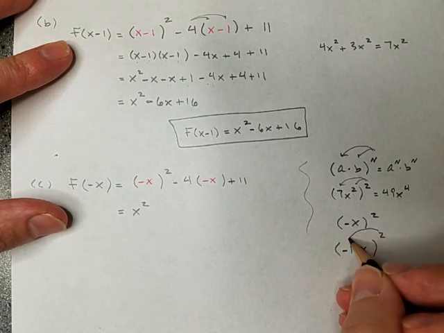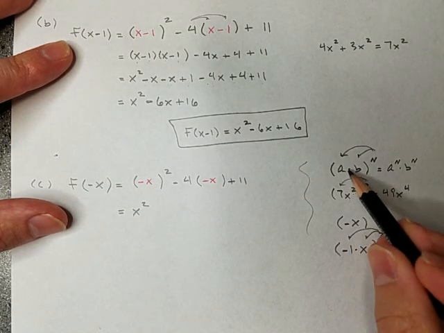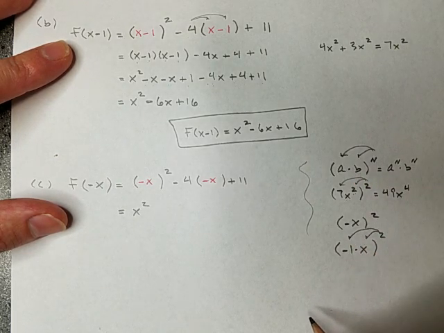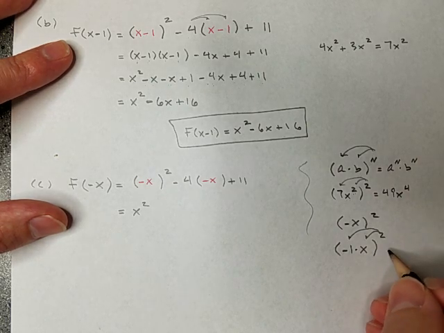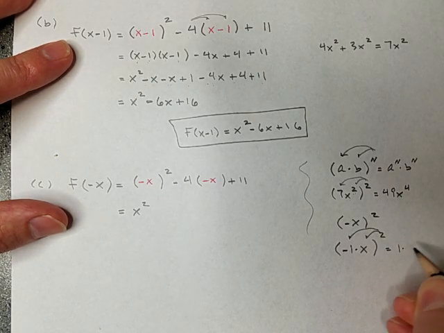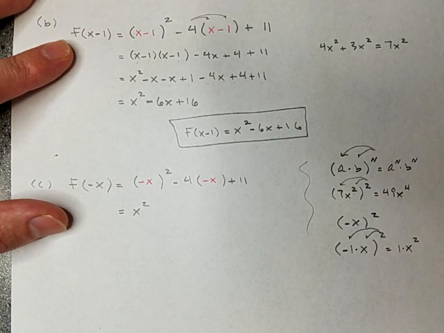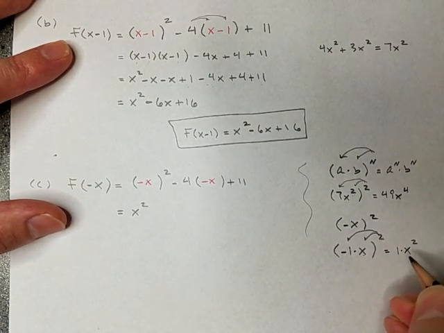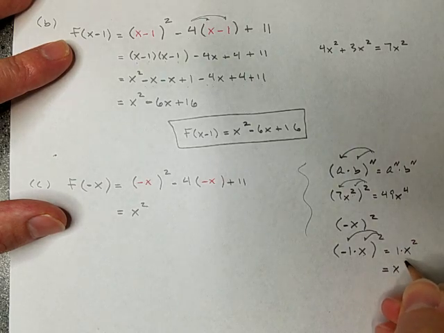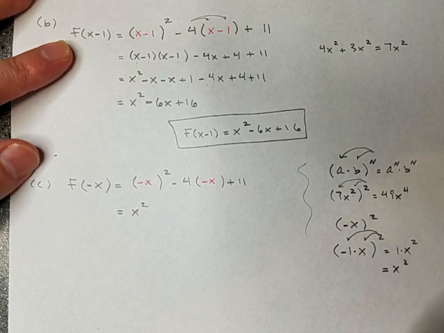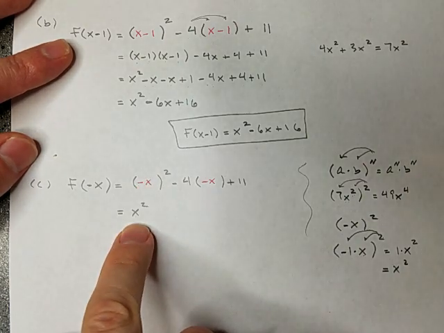So remember, exponents distribute over multiplication. So what's negative 1 squared? What's negative 1 times itself? It's 1. And what's x squared? It's x squared. So what's 1 times x squared? Well, we just say that that's x squared. There's no need to write the 1. All right, so that's how this one works out.